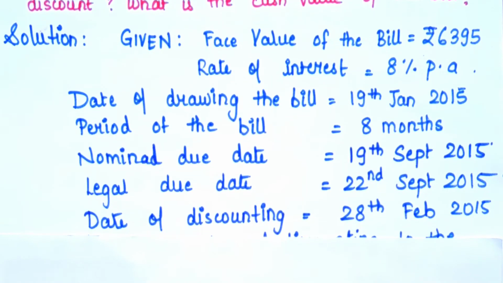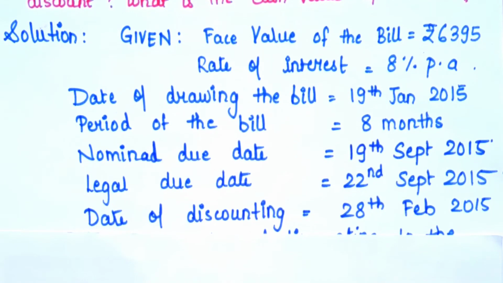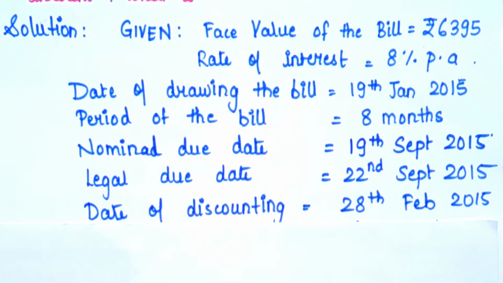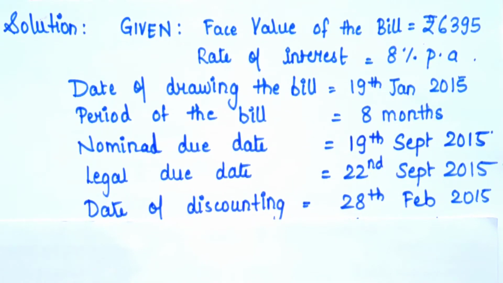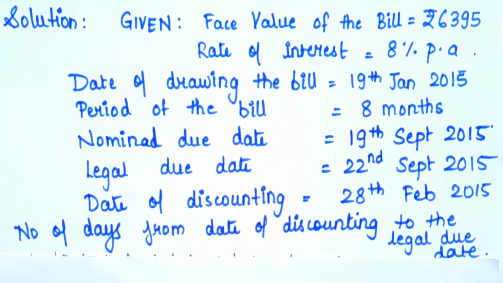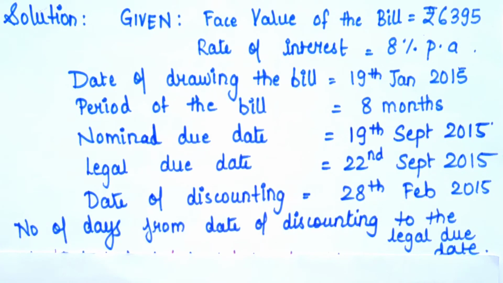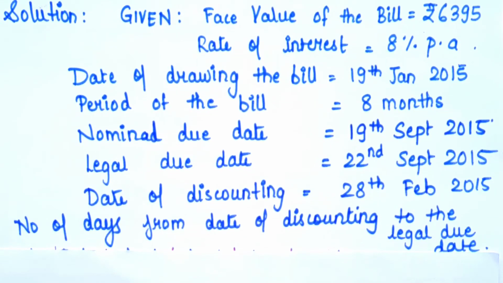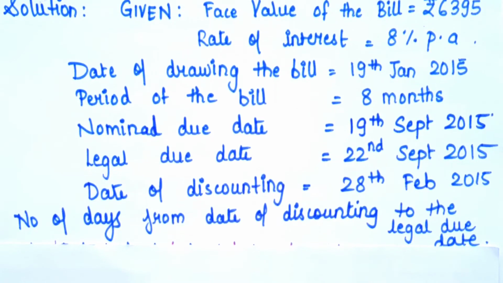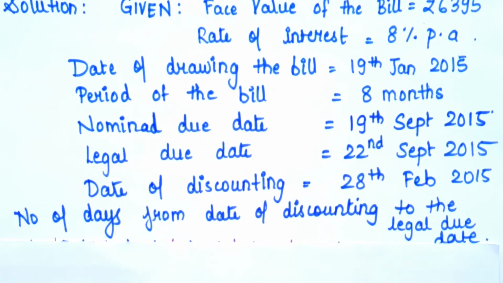What else? Date of discounting. The date of discounting is the date already given to you. It is 28th February 2015. Number of days is a very important data. You need to calculate the number of days from the date of discounting to the legal due date.